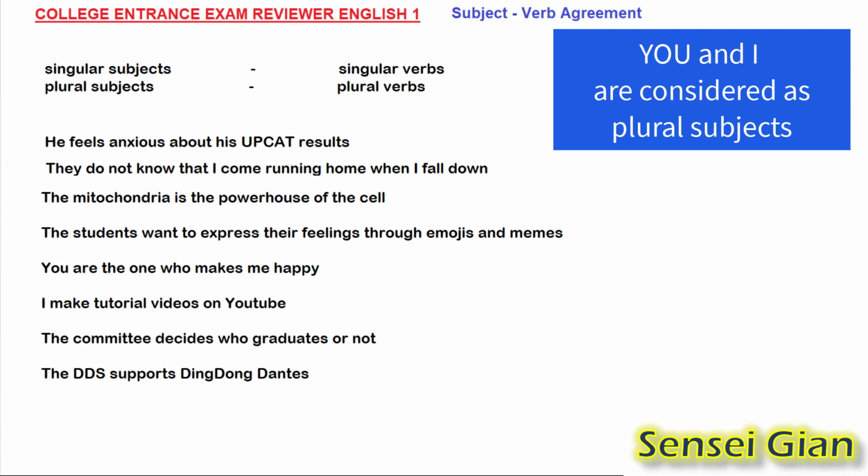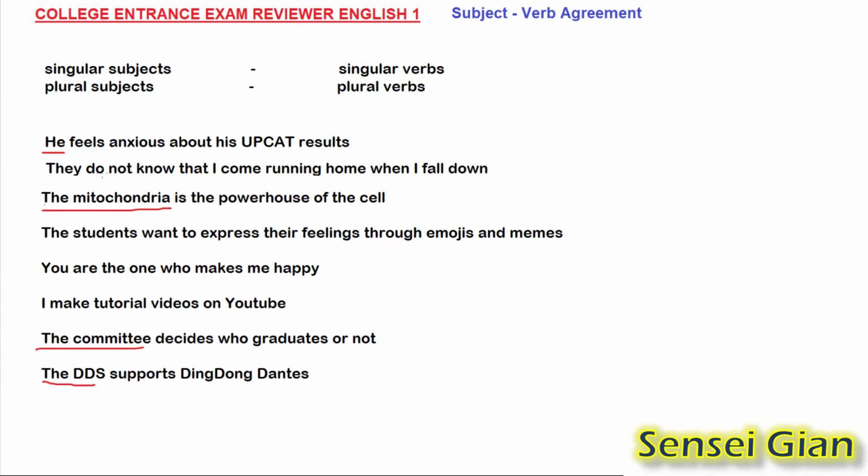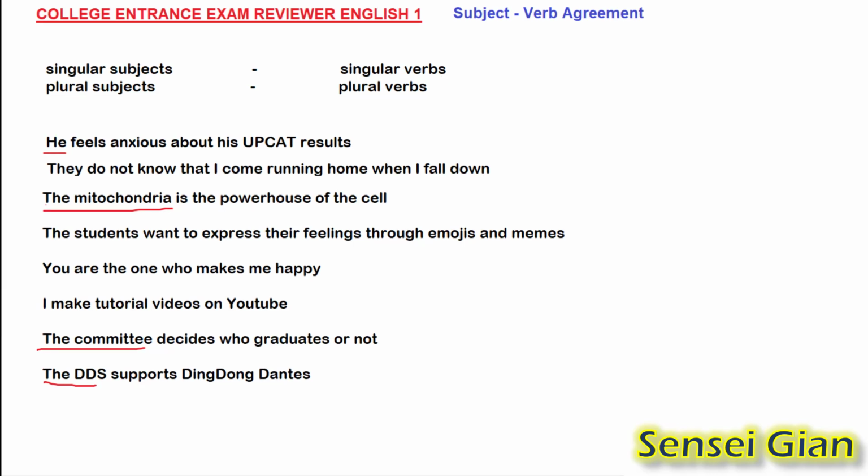Okay, let's start with the singular subjects. You can notice that the verbs they have, such as in sentence number 1, he feels anxious about his UPCAT results. Don't worry, don't be anxious about your UPCAT results though. Going back, our verb here is feels.